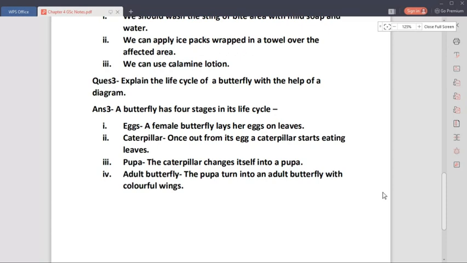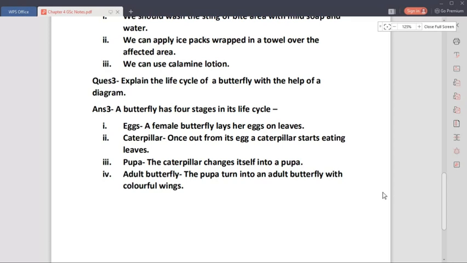A butterfly has 4 stages in its life cycle. First stage is eggs. A female butterfly lays her eggs on leaves. Second stage is caterpillar. Once out from its egg, a caterpillar starts eating leaves. Third stage is pupa. The caterpillar changes itself into a pupa.